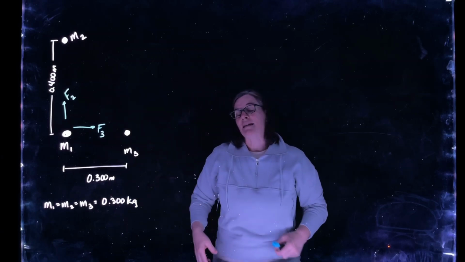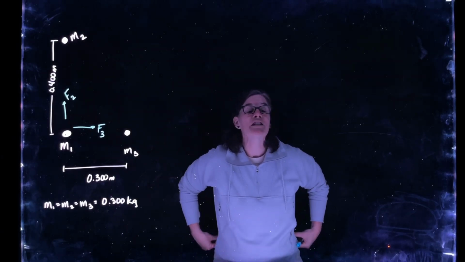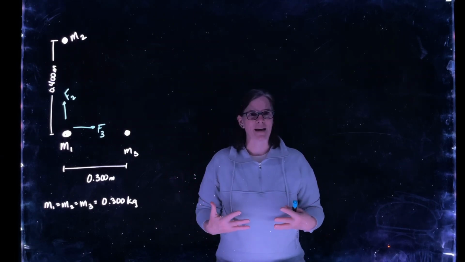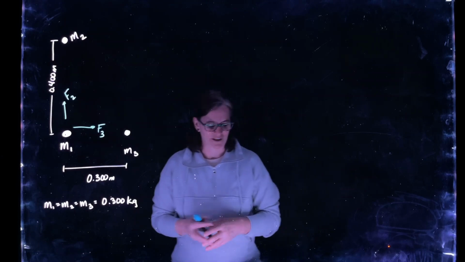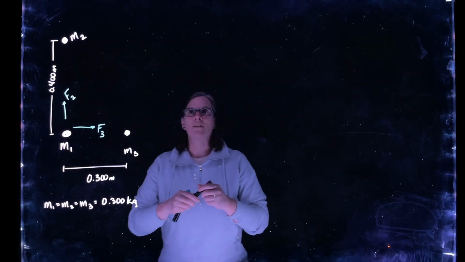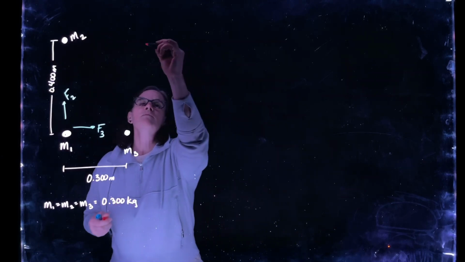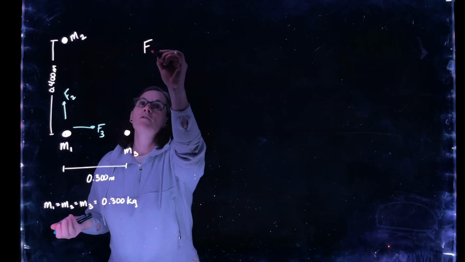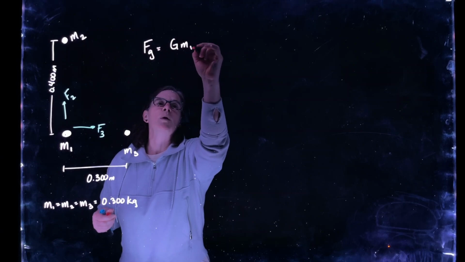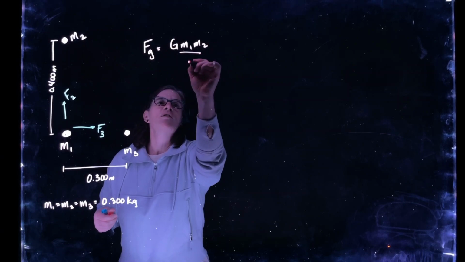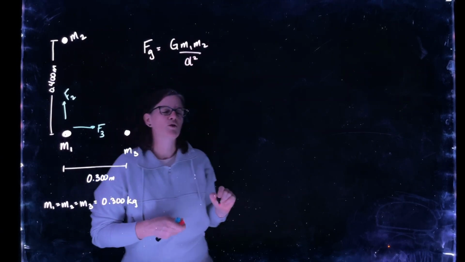All right, so how do we calculate the net force acting on mass 1? Well, just like we did net forces in the past, we're going to look at each force individually acting on mass 1, considering its direction, and then putting it together in our vector form. So let's start with force 3. We know that for both of these forces, the force of gravity is going to equal G times mass 1 times mass 2 over the distance between those 2 masses squared.